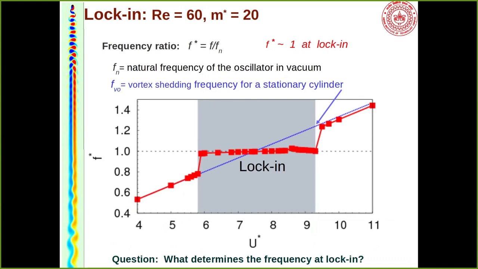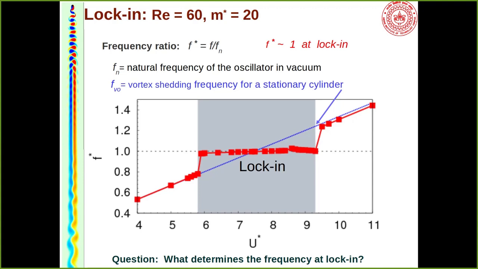Just to remind you, during lock-in, essentially the frequency of vibration goes very close to the natural frequency. But it is not exactly the same as in resonance. Depending on the mass ratio, and I gave you some examples, it could be a little bit off. So that's another thing.